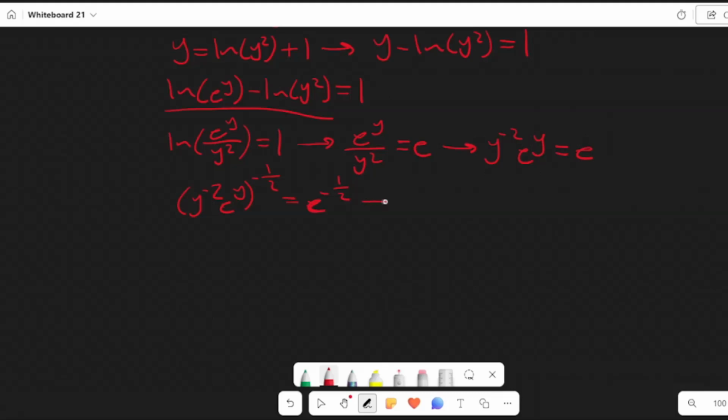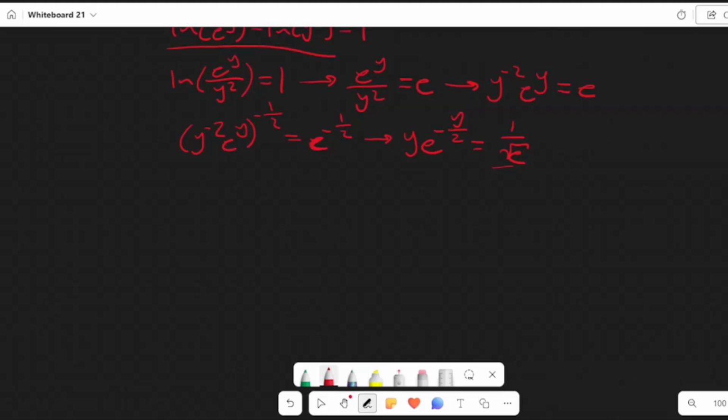Y times e to the negative y over 2 is equal to 1 over square root of e, because raising something to the 1/2 is essentially just taking the square root, and when we take the negative 1/2 power, it's essentially making it a division.